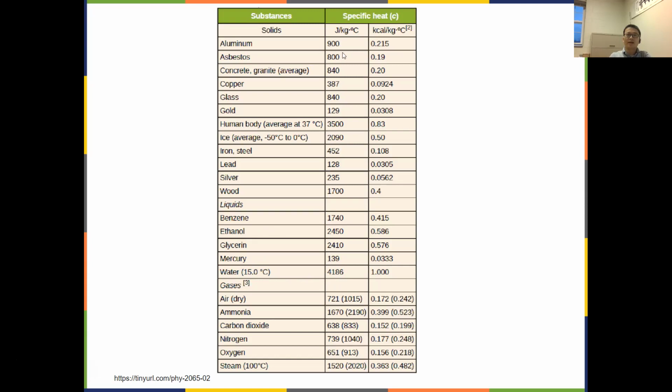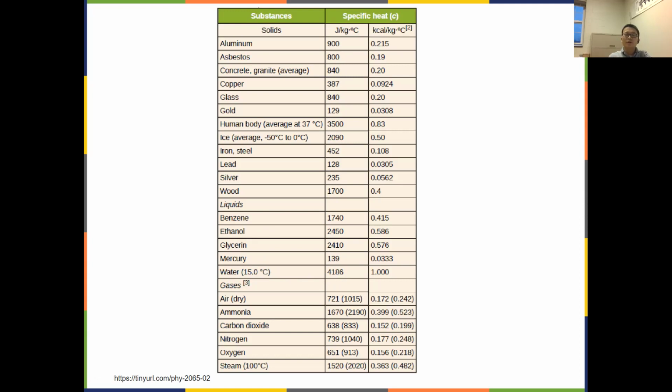Compared to water, the metals are much smaller. So water has a very large heat capacity. That means if you want to increase the temperature of water, you need to add a lot more heat. The other way around is also true: if you want to decrease the temperature of water, you need to take off a lot of heat.